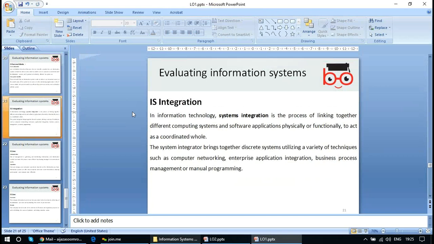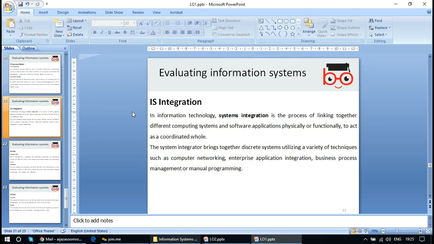Then we come to information system integration. System integration is the process of linking together different computing systems and software applications physically or functionally to act as a coordinated whole.